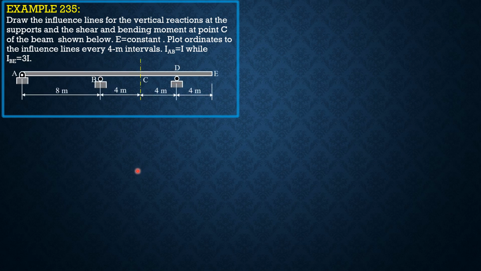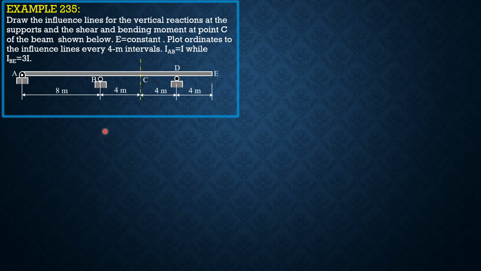So I will not solve this in more detail anymore because I already gave you the idea how to generalize the construction of the influence lines for the different response functions in terms of the position of the unit load, x1 or x2. This time it's x.